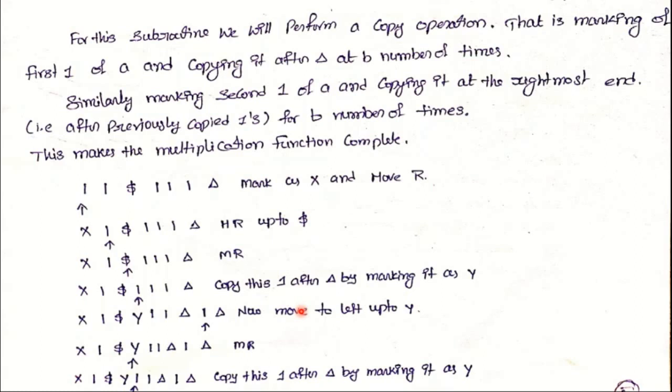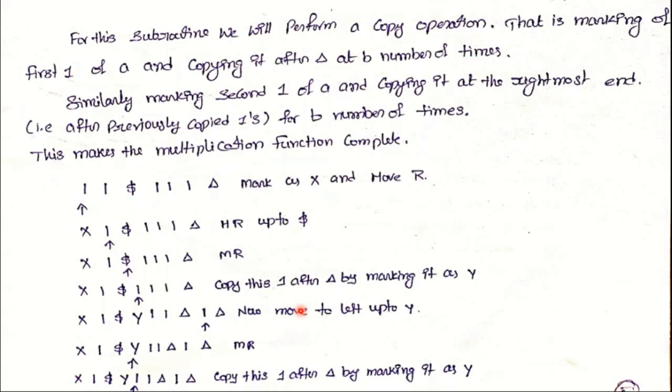When we are copying for the first one of a, that a is marked with some symbol. Then whenever we read one symbol from b, we go to the end of the tape and copy it there, then go back to b, check the next value, mark it with some external symbol, go to the end of the tape and copy it.